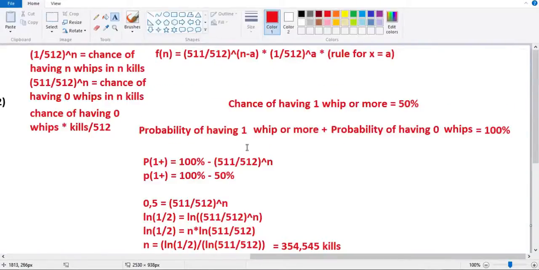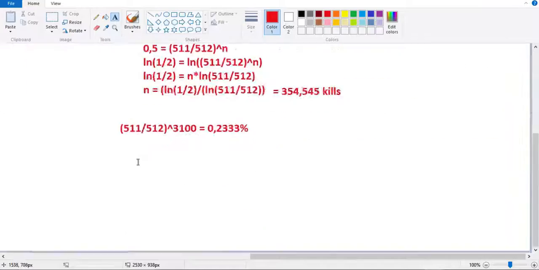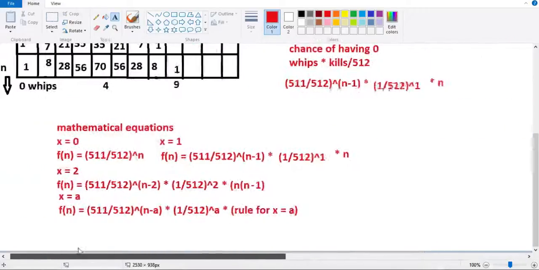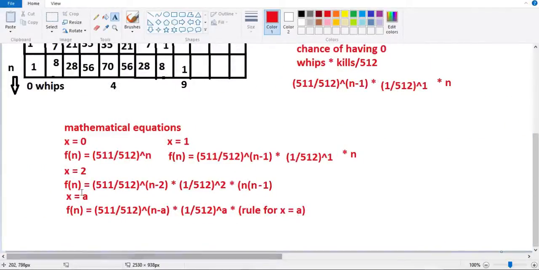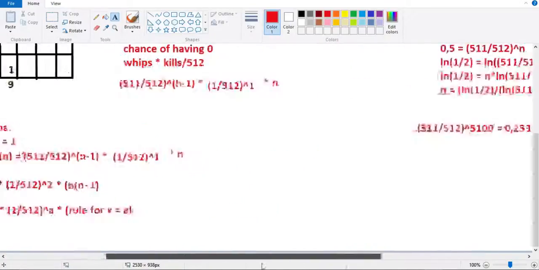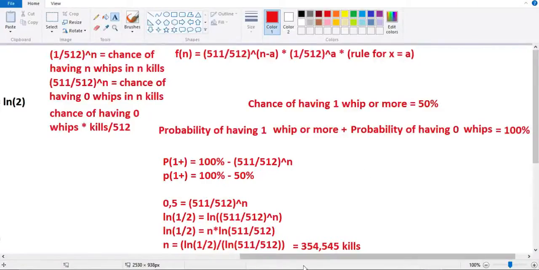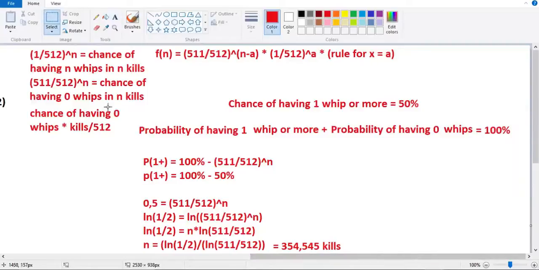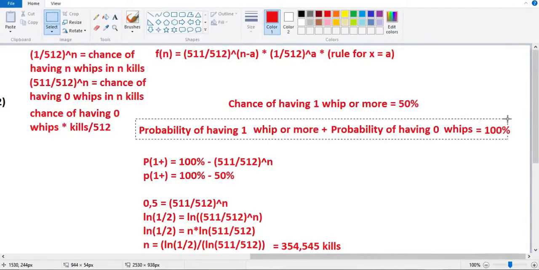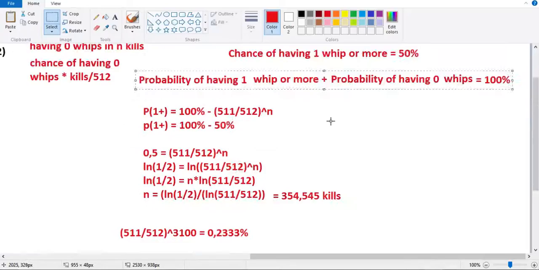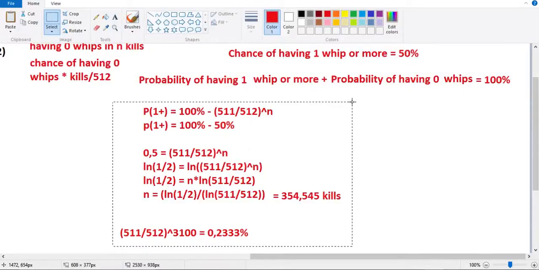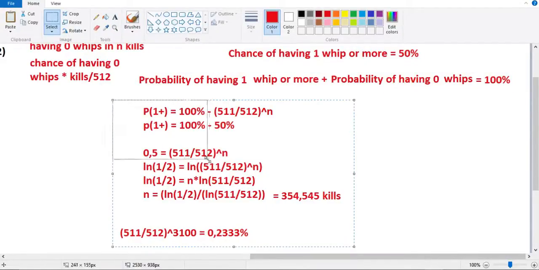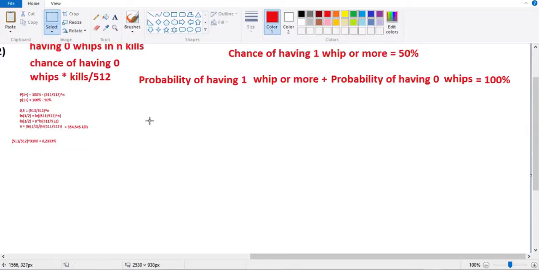And yeah, I wanted to talk about also the probability of having multiple whips. Let's just do it for like the probability of having multiple whips. This is going to be harder. I haven't really thought about this, and I'm going to make this smaller, put it over there on the side.